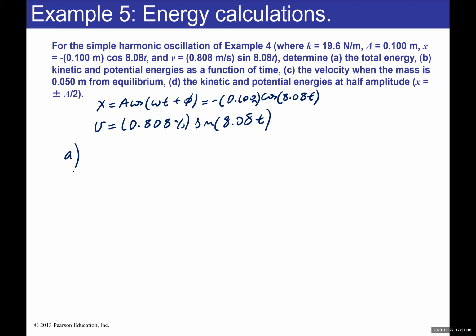Total energy. Okay. Now we are given spring constant k and an amplitude, which is 0.1 meters. And I can say total energy equals, remember, 1/2 k A squared, and those two are already enough for me to calculate that.